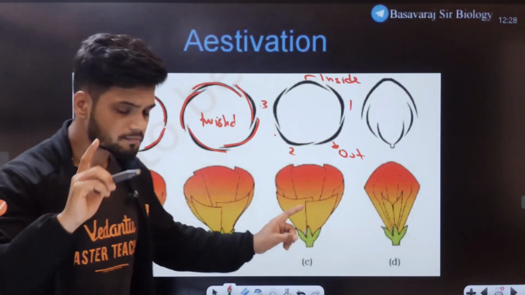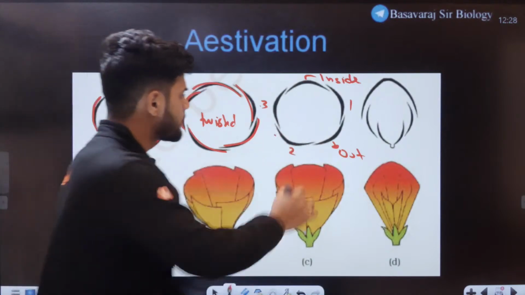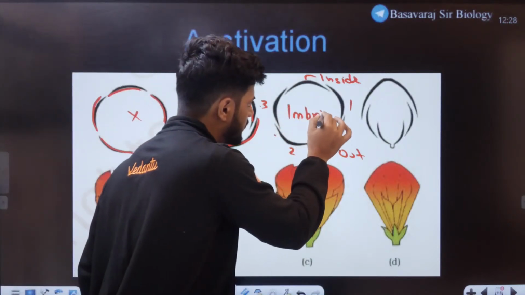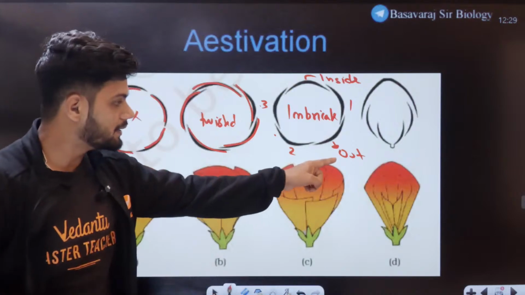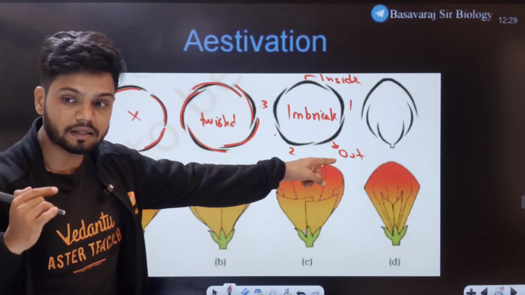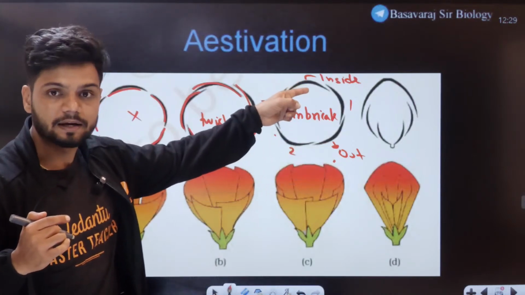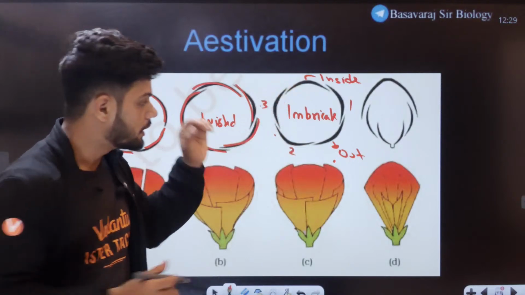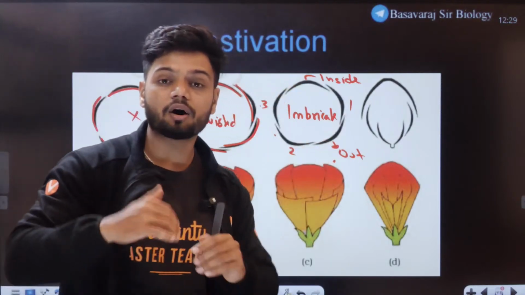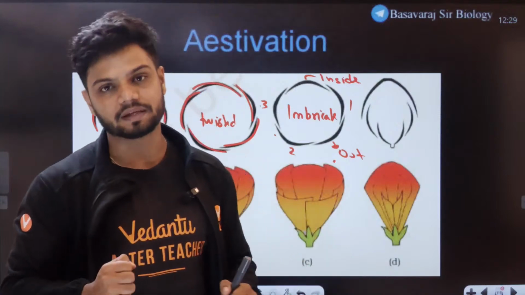I'll repeat again. In imbricate, one is completely outside, one is completely inside, and the remaining 1, 2, 3 are in an alternating manner.